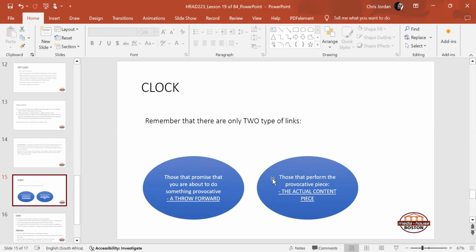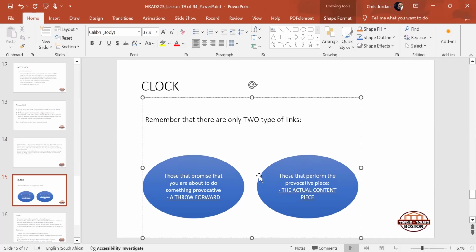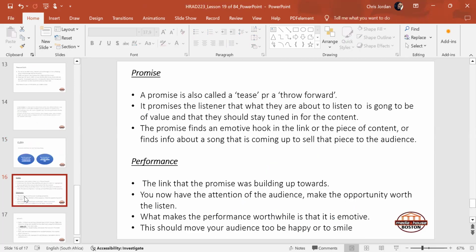I'm saying relevance, right? Entertaining, infotaining, informative. And then we have throw forwards, teasers, promises that you are using to entice them to those particular content pieces. So here are the two defined.